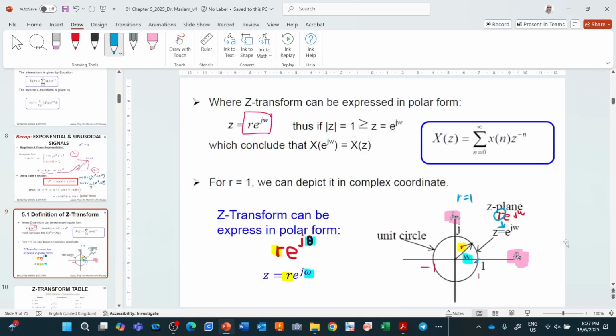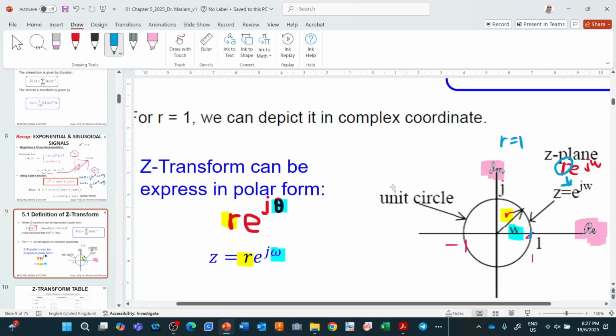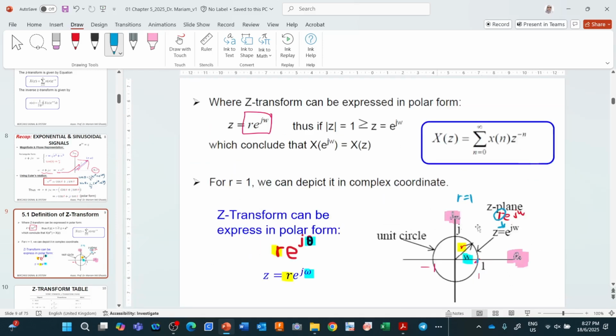What you need to understand is how we draw this unit circle and why it's equal to 1. It comes from the equation Z equal to R e^(j omega), whereby for the Z transform, R is equal to 1. Why? Because that's the unit circle to check if the system is converged or not.